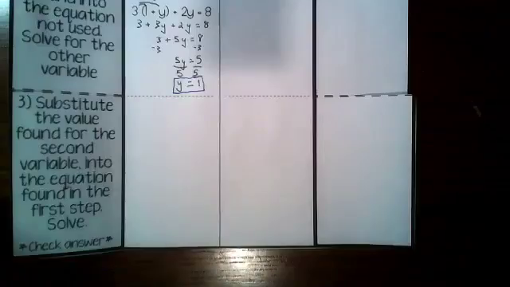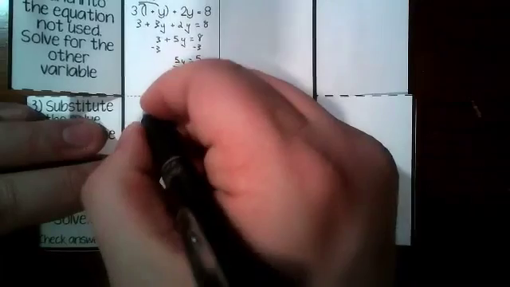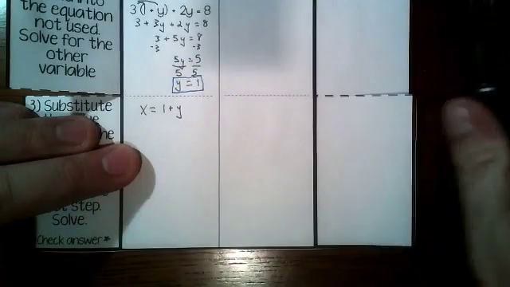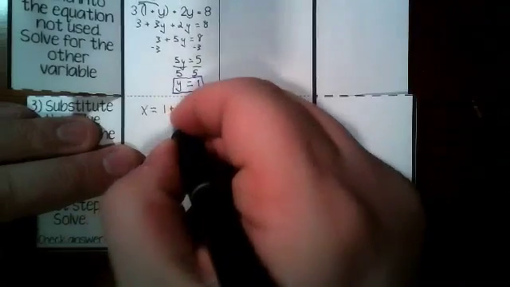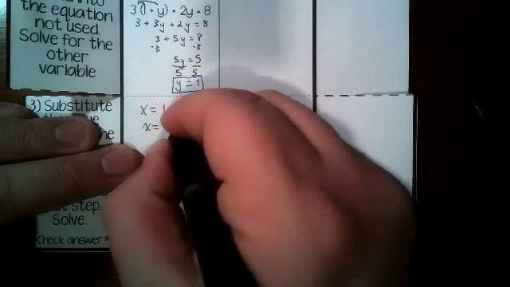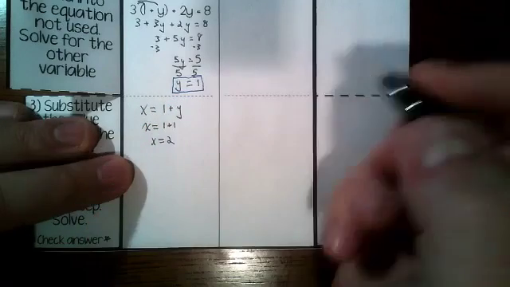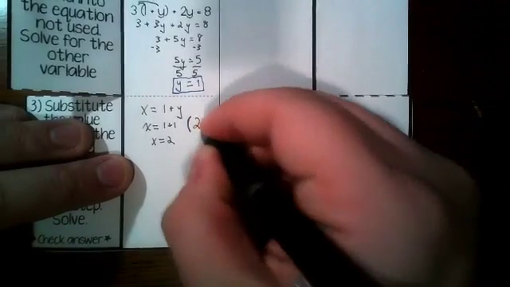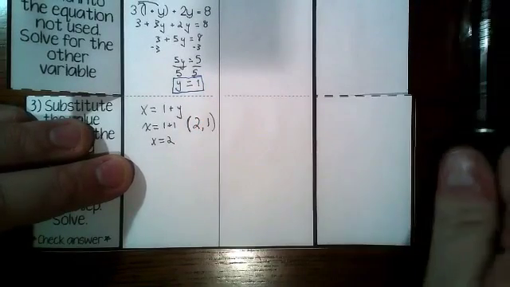So it's a wordy way of saying we know x equals 1 plus y, but we know that y is 1. So x equals 1 plus 1, x must equal 2. So my solution is 2, 1.